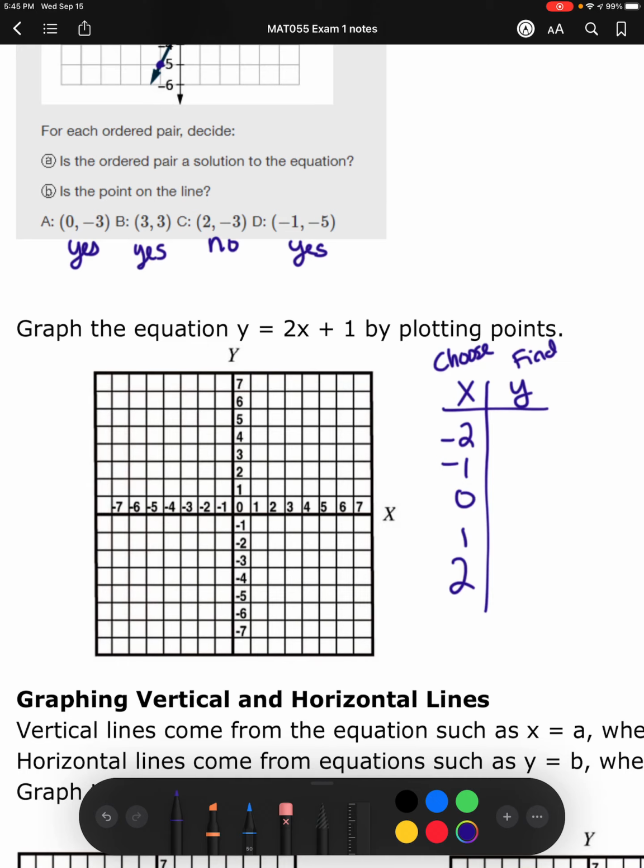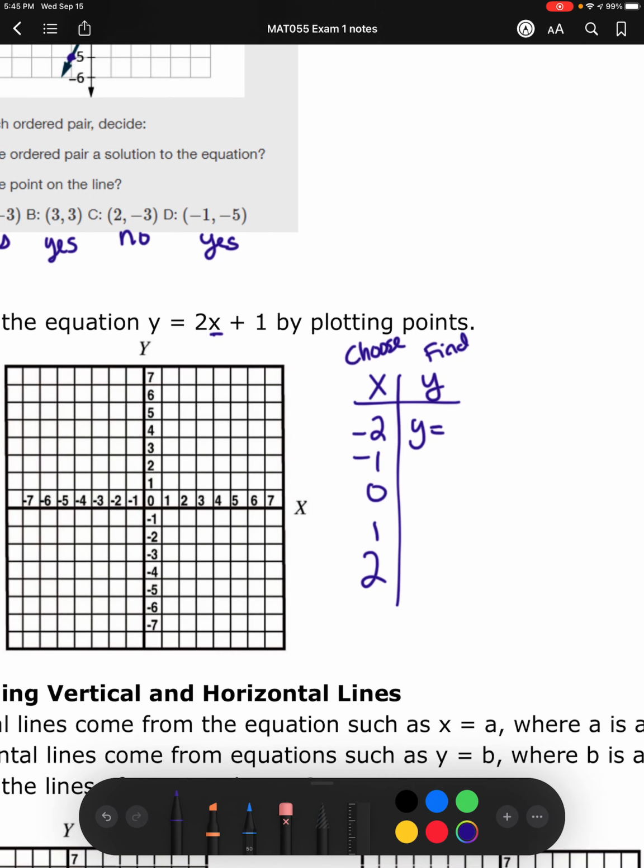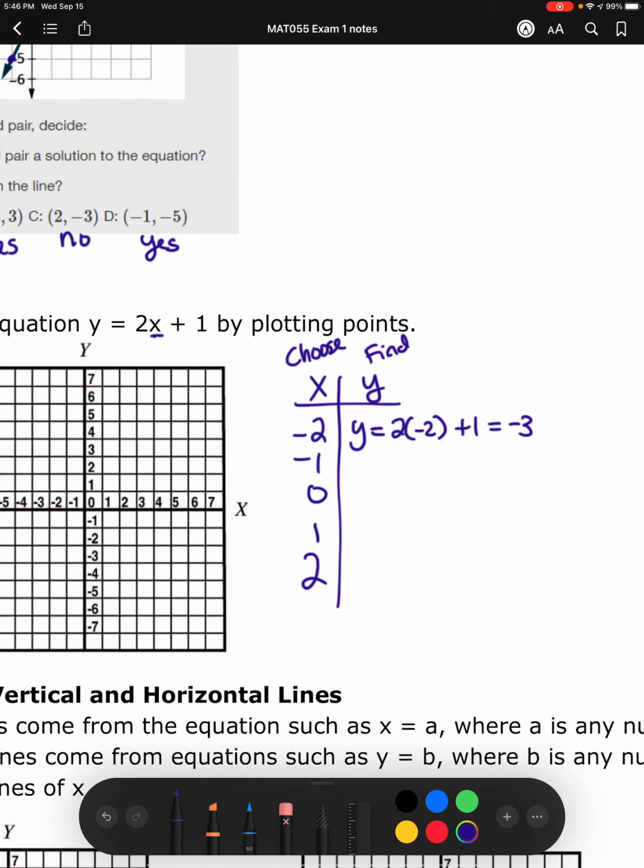I'm going to plug -2 in for x, so y is equal to 2 times -2 plus 1. Well, that's -4 plus 1, which is -3. Maybe we have a third column with the actual ordered pair. I plug -2 in, that's my x, and I got out -3.